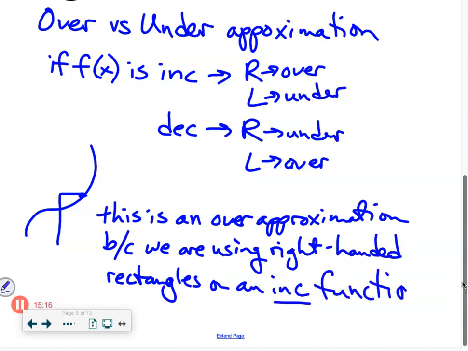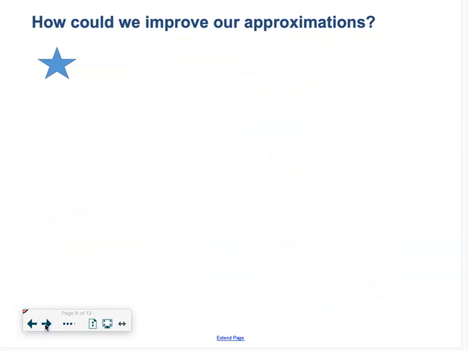So the main thing that determines if it's over or under is whether the function is increasing or decreasing, and whether you are using right or left-handed rectangles. I usually say rectangles go with direction. Rectangles go with direction. All right, how could we improve our approximations?